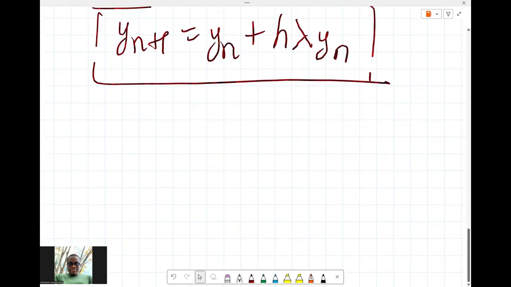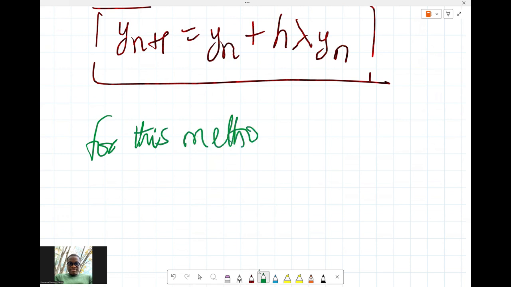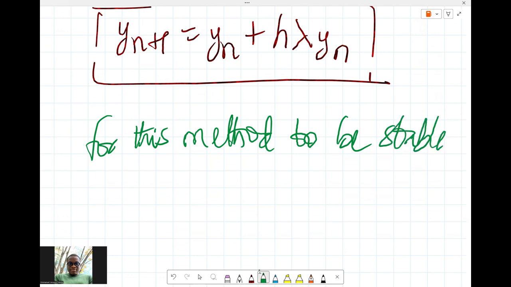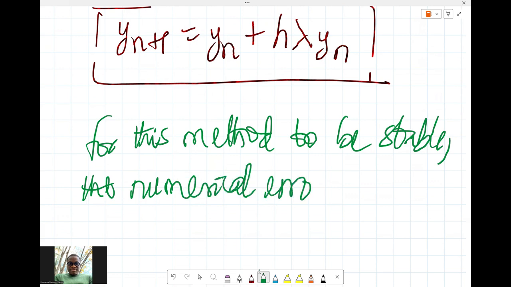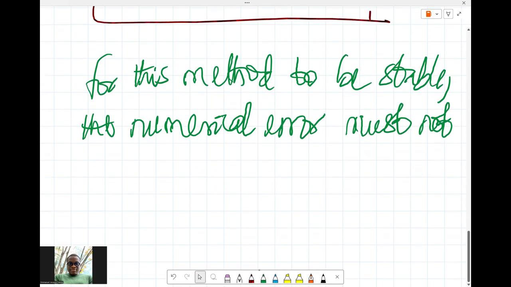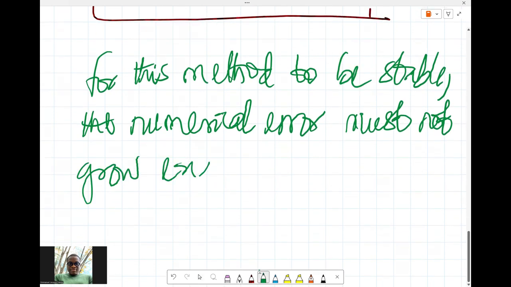So see what happens now. For this method to be stable, the numerical error must not grow exponentially.